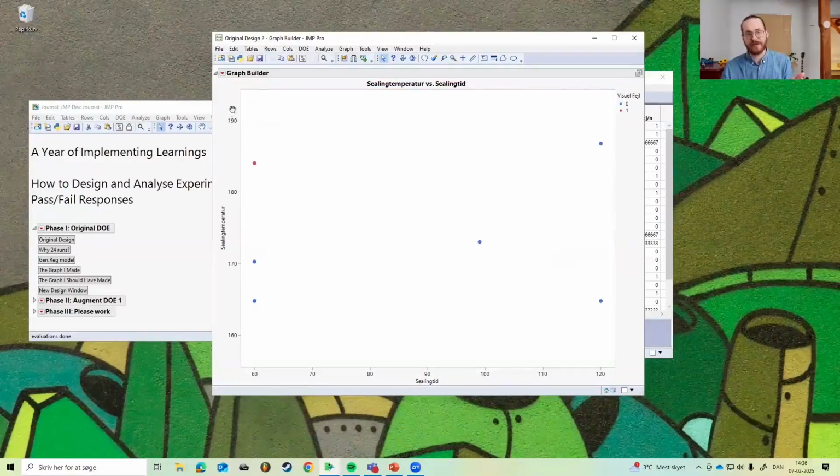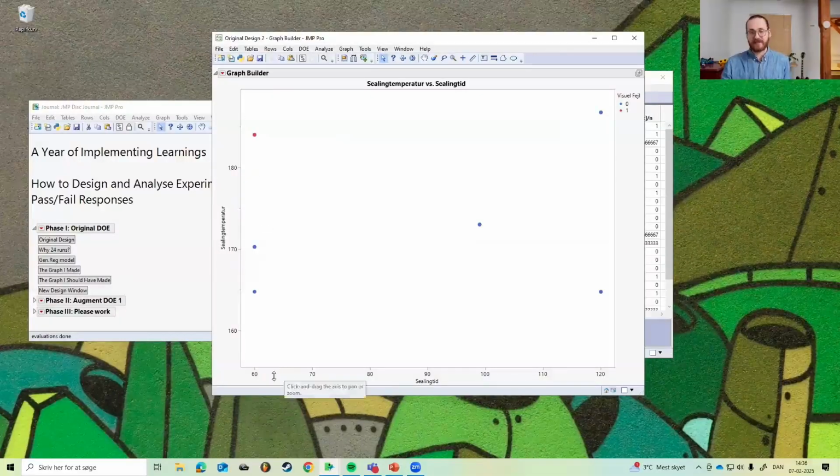So let's turn down that temperature. Then we only have one red dot left, and that has a ridiculously low sealing time. If we don't do that, we don't have a lot of data left to prove that range is a good range. We're kind of trusting the model prediction.